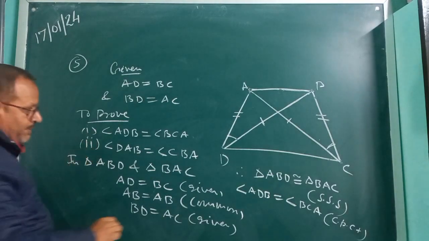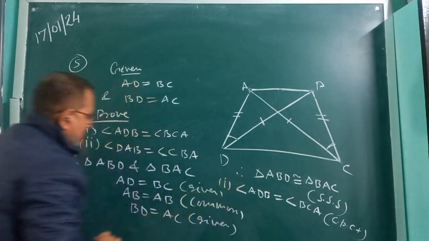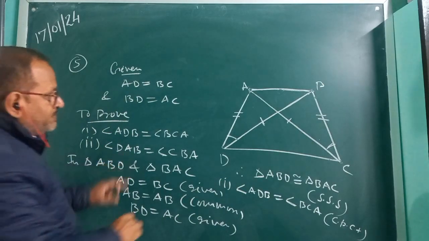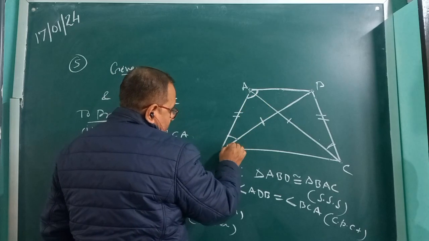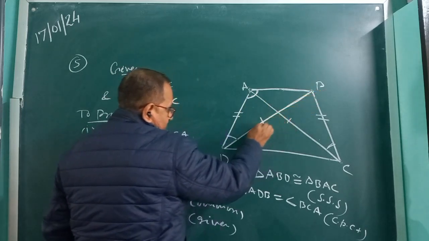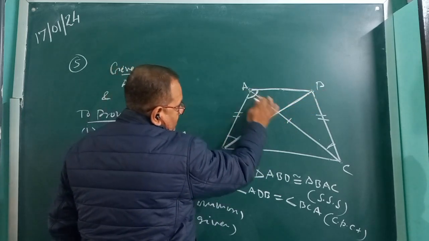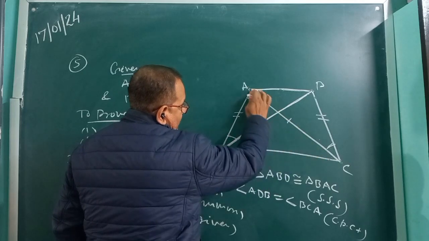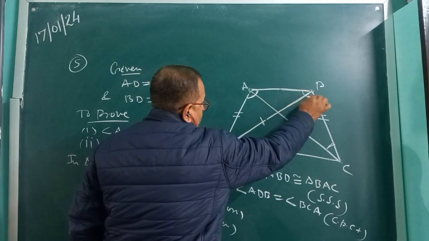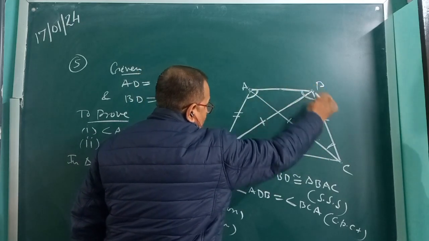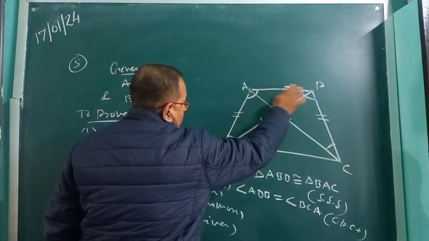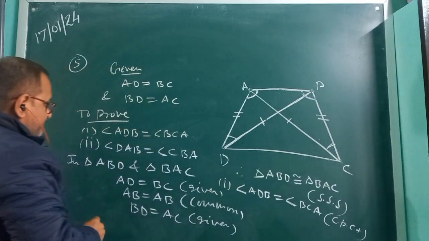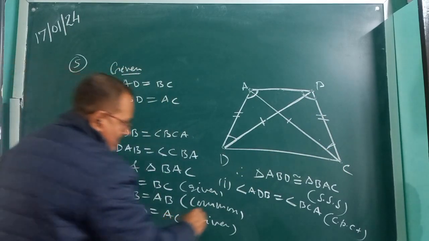So first part completed. In the second part, DAB is this angle. This angle is opposite to the side BD, and BD is equal to AC. So in the second triangle, the angle opposite to AC is what? Angle ABC. So angle DAB will be equal to angle ABC. So write the second part.